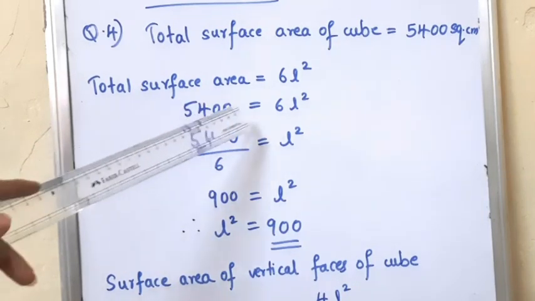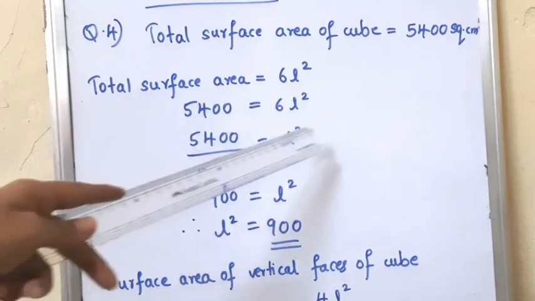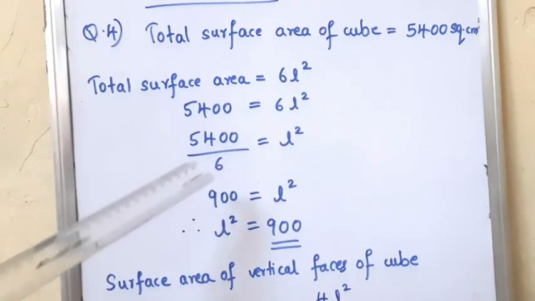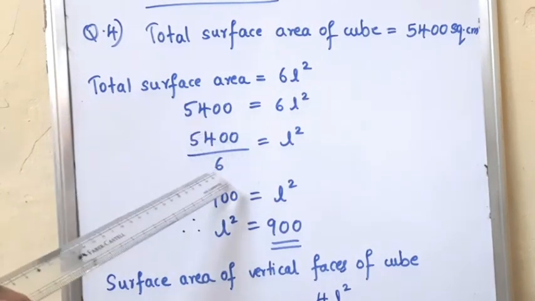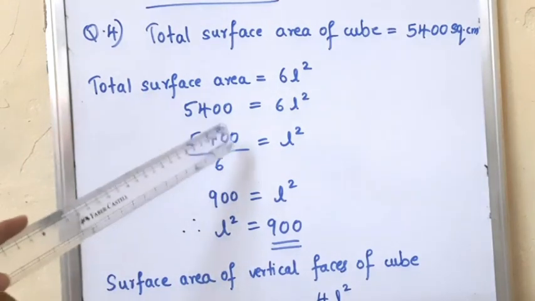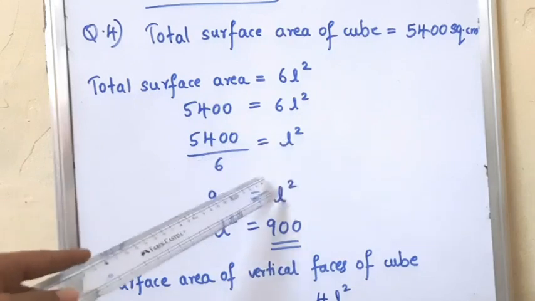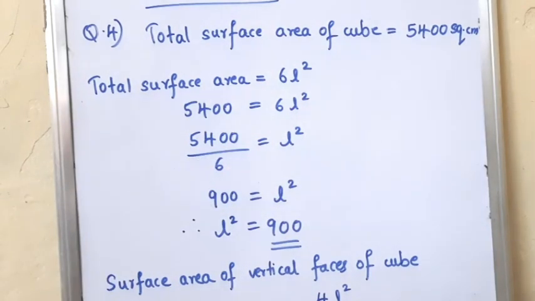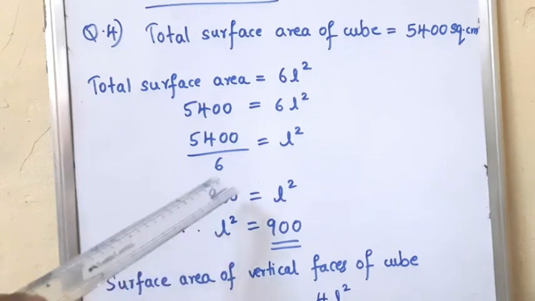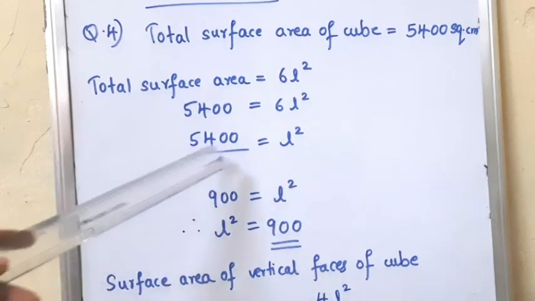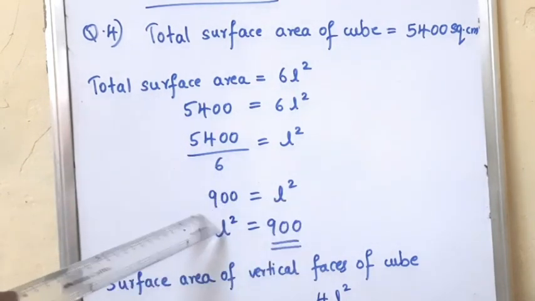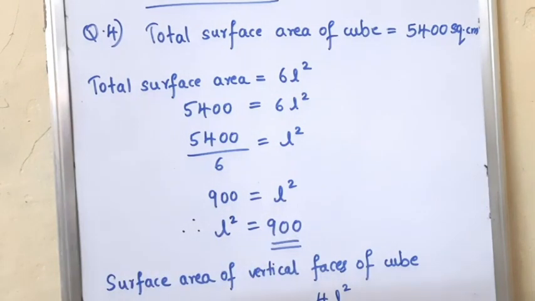So 5400 divided by 6 is equal to L square. So 5400 upon 6 is equal to 900. That is, 6 9s are 54. Therefore 900 is equal to L square. Now, if we take the square root, we will get L as 30. But here there is no need of taking the square root. We just need L square equal to 900.